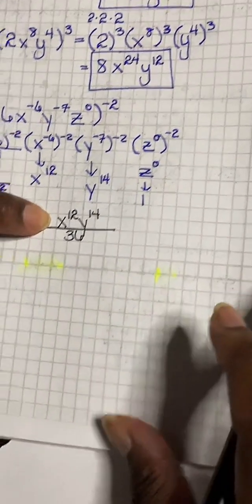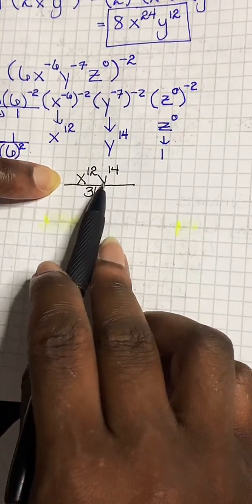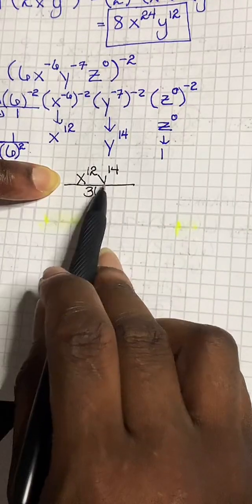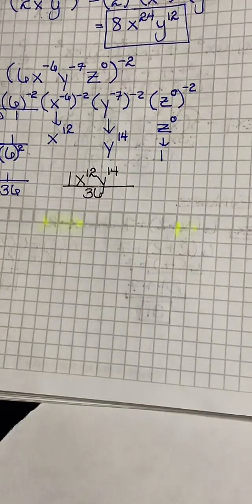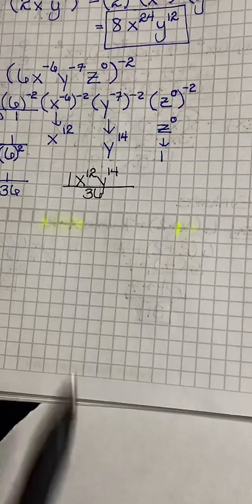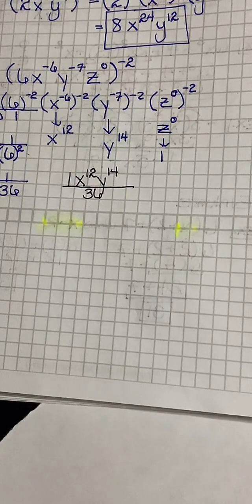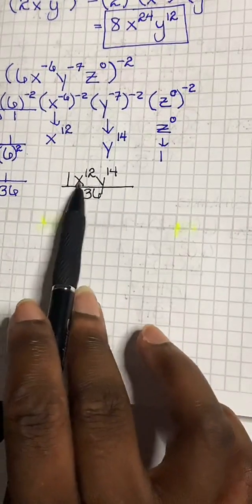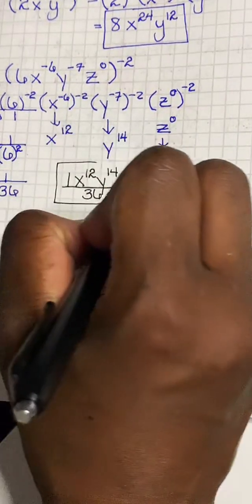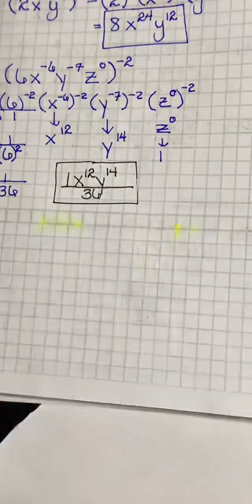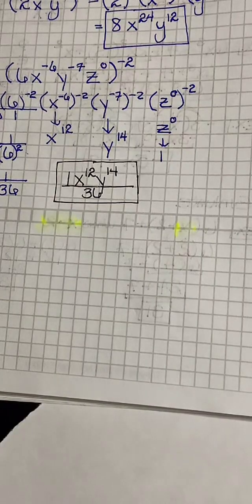I can, but it's understood. If you want to put the 1 there, that's not going to hurt anything. Since we don't have any like terms, this is my answer. And I will pause for questions.